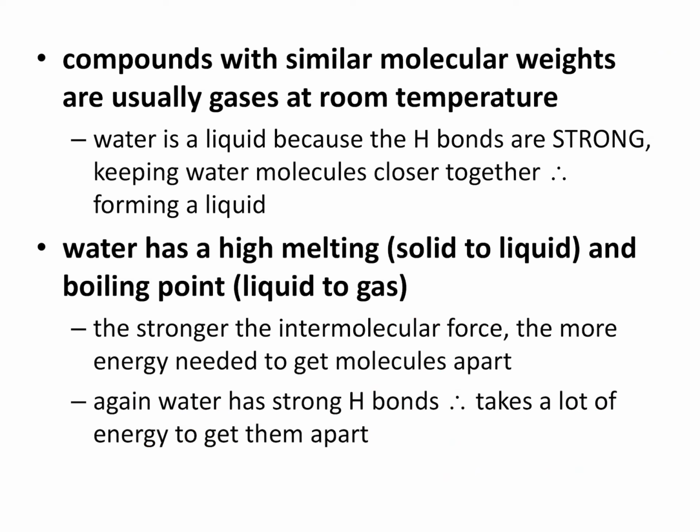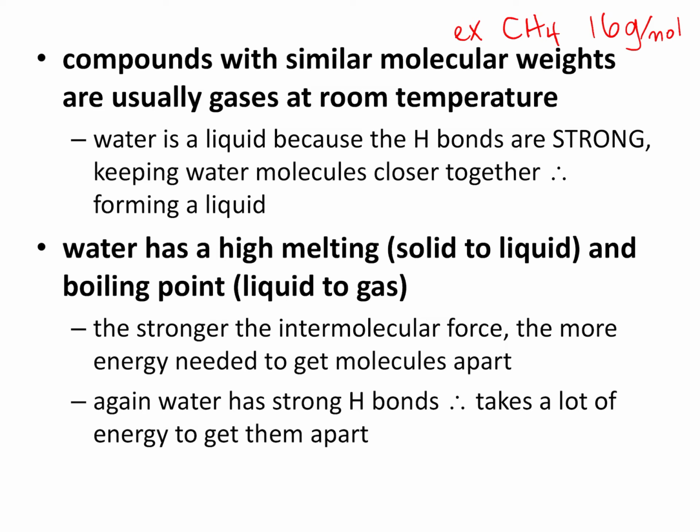When you have a compound with a similar molecular weight, one of the best examples is methane, which is 16. And we just said that water was 18, so that's pretty close. Methane, which is natural gas, is a gas at room temperature, whereas water is a liquid. So the hydrogen bonds are very strong, keeping the water molecules closer together.